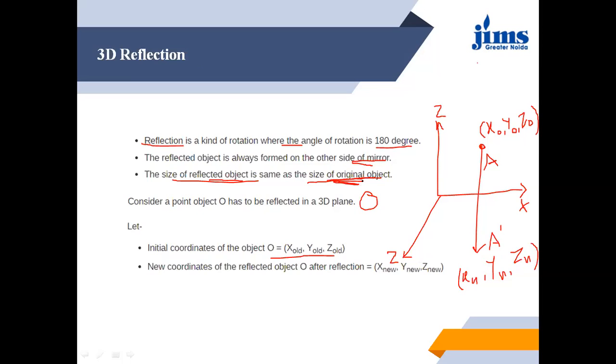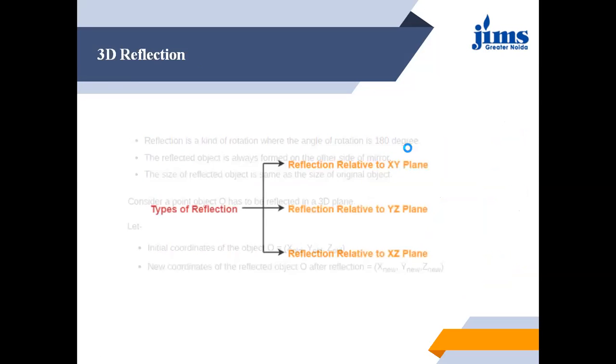The size of the image and object is the same, and the distance of the object and image from the rotation axis will be the same. In 3D, the reflection is with respect to a plane, and this is a special kind of rotation where the rotation angle is 180 degrees.